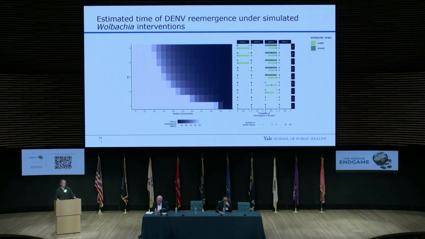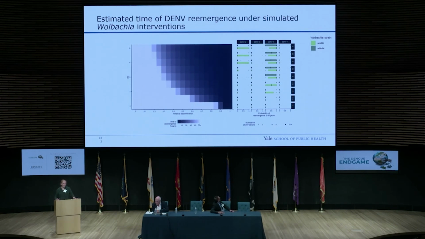And so here, you basically see the 4 different serotypes. And here we model the probability of reemergence within 40 years. The dots represent how many viruses would reemerge, and the bars are the median time to reemergence with the 95% percentiles.